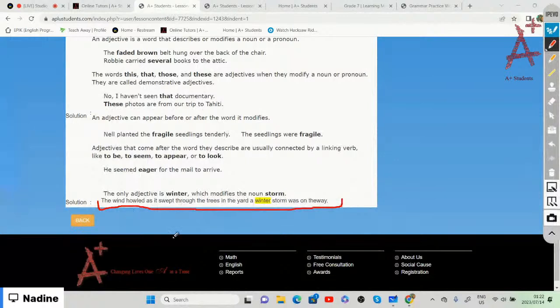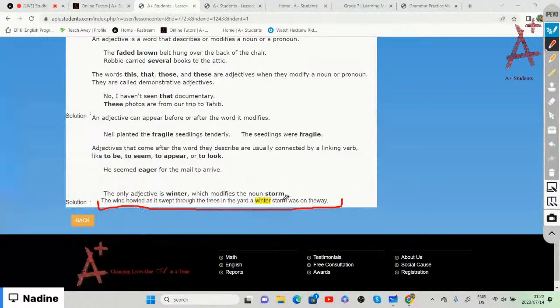So the adjective that was identified within the sentence is winter. And winter is the adjective that tells us about or modifies the noun storm. So it is a winter storm. So a winter storm is on its way.